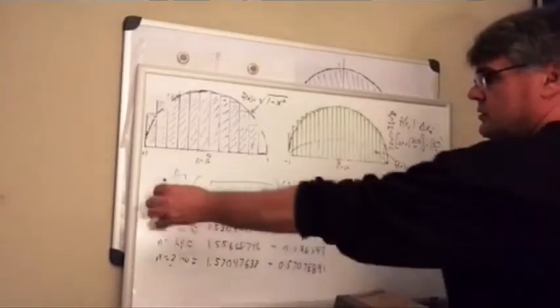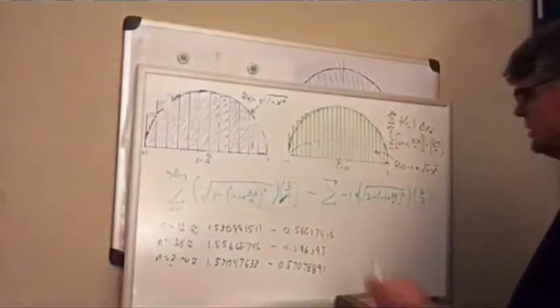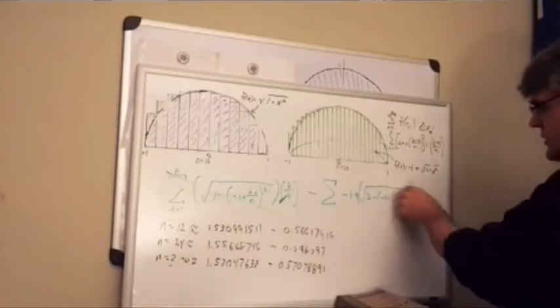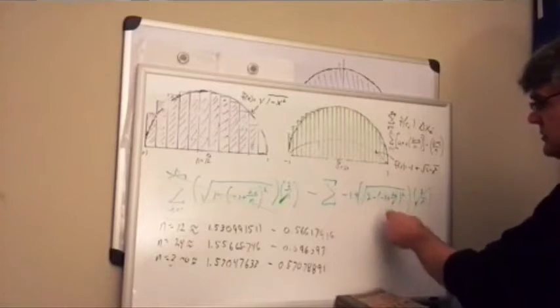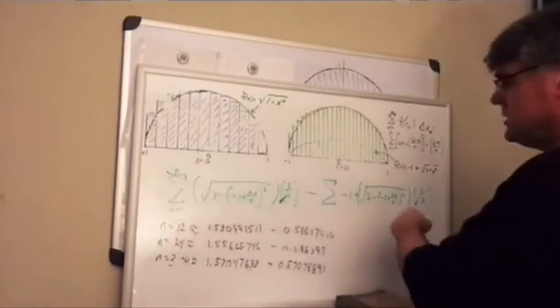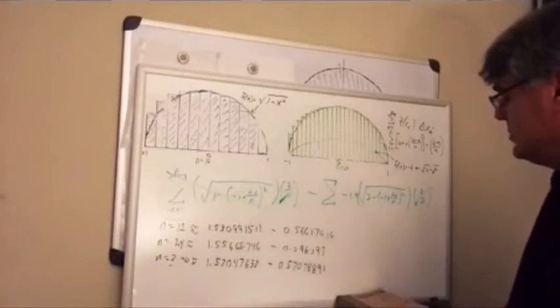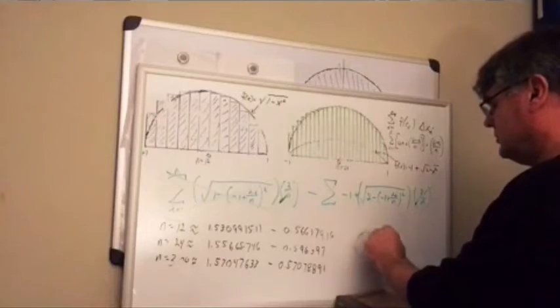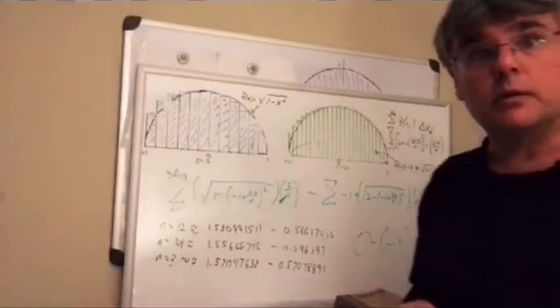But if this n goes to 0, this whole thing equals 0. Here I've got 1 plus this part right here, and if n goes to 0, I have negative 1 plus 0. So this one goes to 0, this one ends up being negative 1. And so if I take everything to infinity, I got 0 minus negative 1, which equals 1.